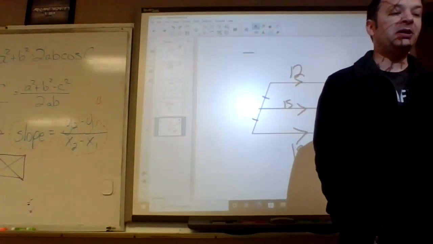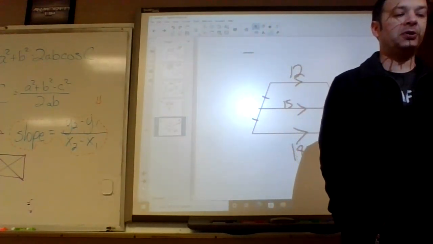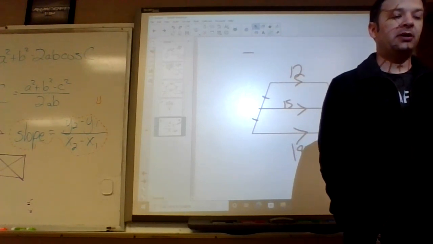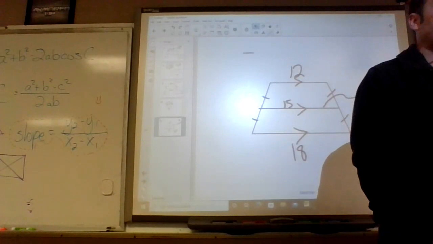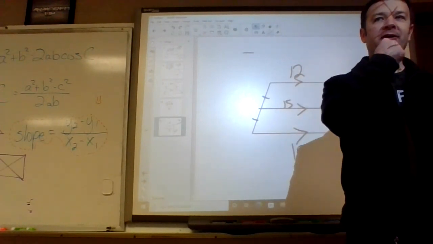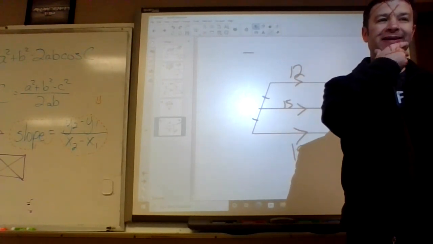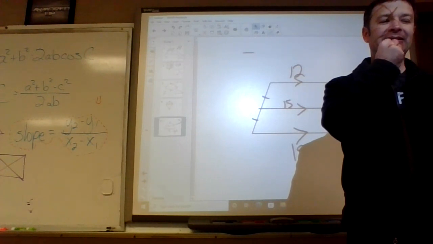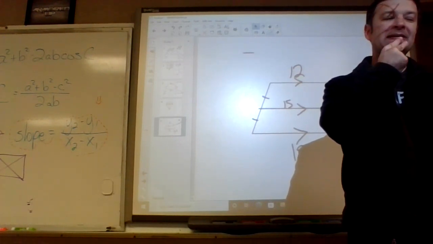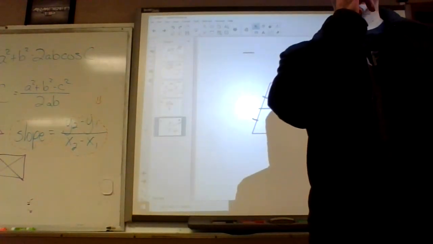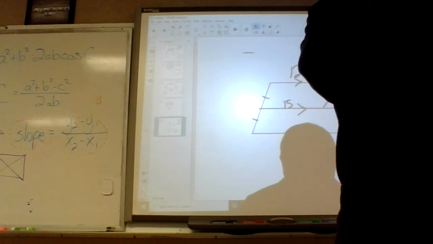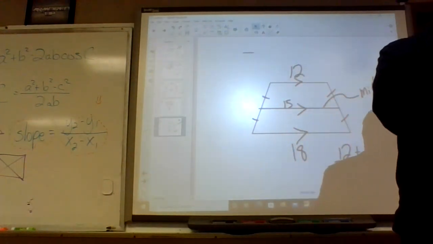Okay, let's say A is 125. If A is 125, then how could we find angle B? Yeah, 180 minus 125 will give us angle B. Those two angles have to add up to 180 because they're between parallel lines.